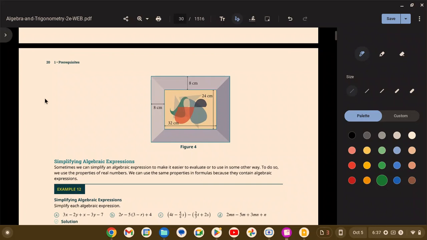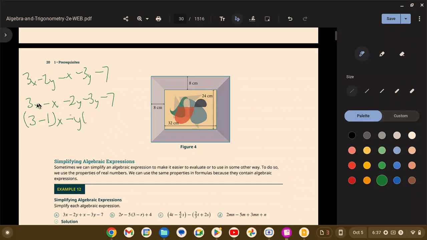So basically what I'm going to do is go to here: 3x minus 2y minus x minus 3y minus 7. Well, we can rearrange the x's. So 3x minus x minus 2y minus 3y minus 7. So that's (3 minus 1) x minus y, pull it out in front.